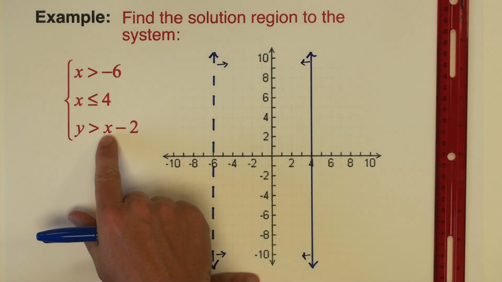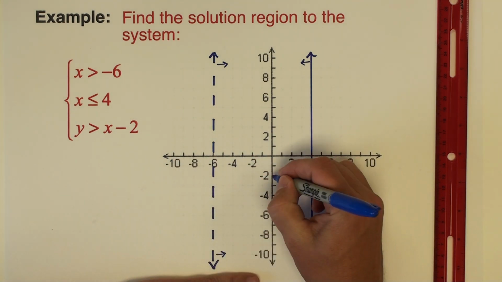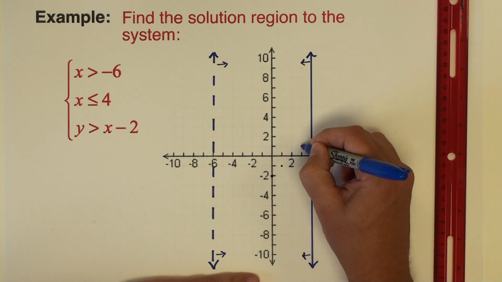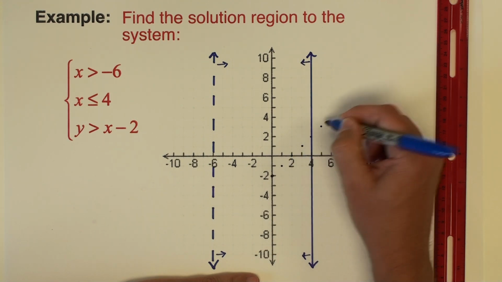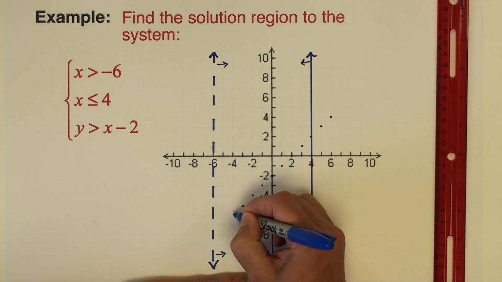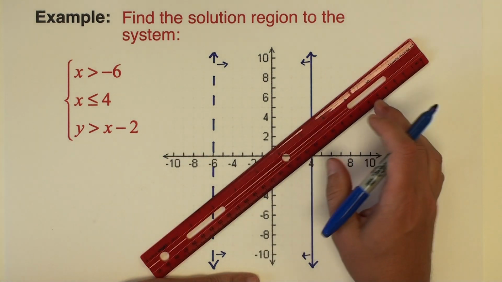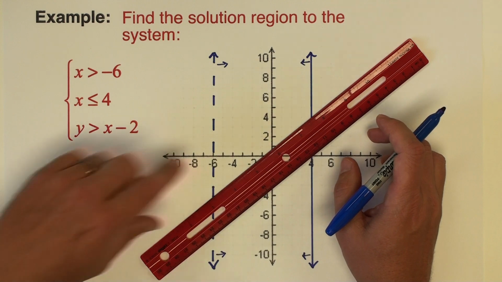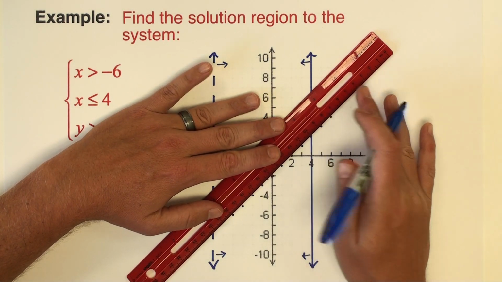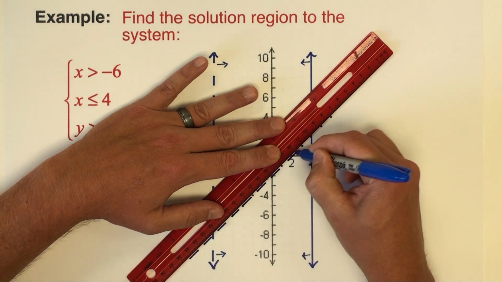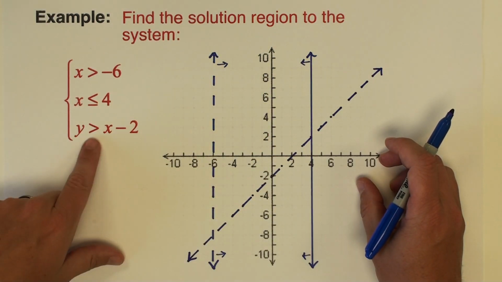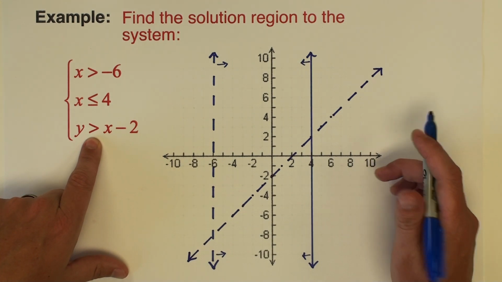Okay, the last line is y = x - 2. That's going to start at -2, and it's going to have a slope of 1/1. So just like this. And we can also come opposite direction. Okay, that's going to be a dashed line because there is no equal to on it. So about there. All right, and if we're just looking at that line only, we want greater than, which is above.